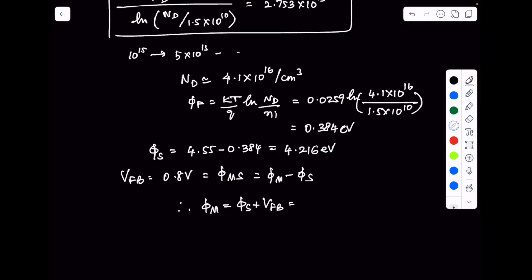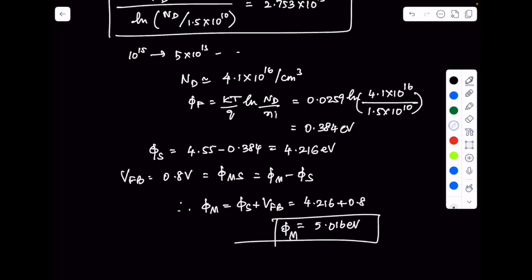So that is going to be 4.216 plus 0.8, which is 5.016 electron volts. So that is the work function of the metal. So you see that the CV characteristics are very useful. A lot of useful information can be collected off the CV characteristics if you look at it carefully and if you're able to extract the values from the same.